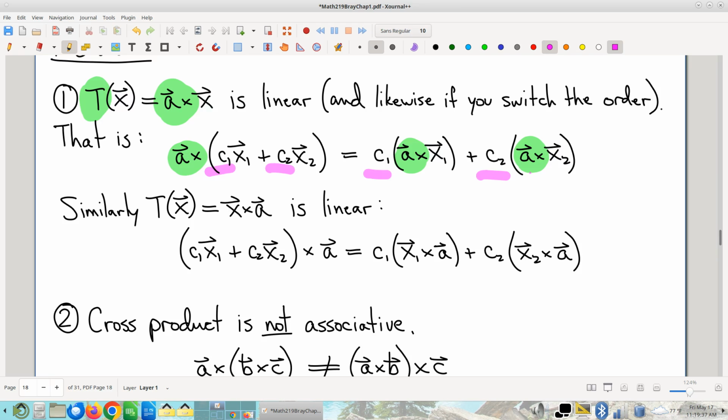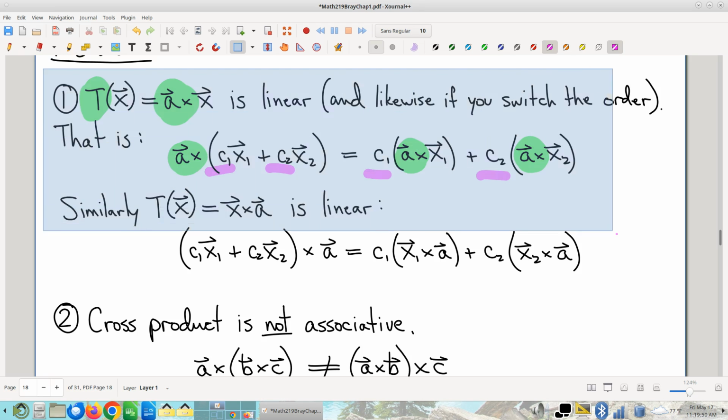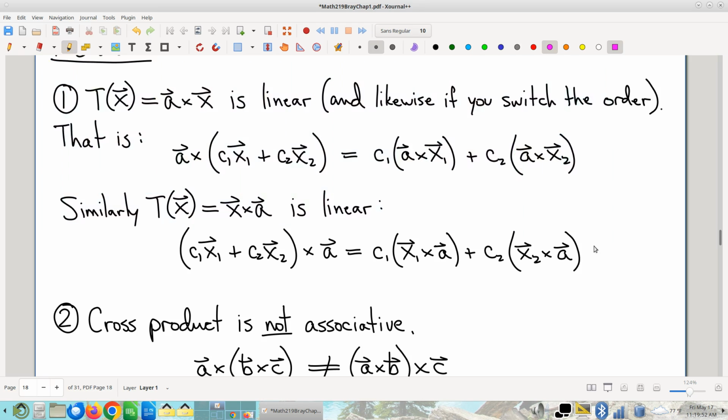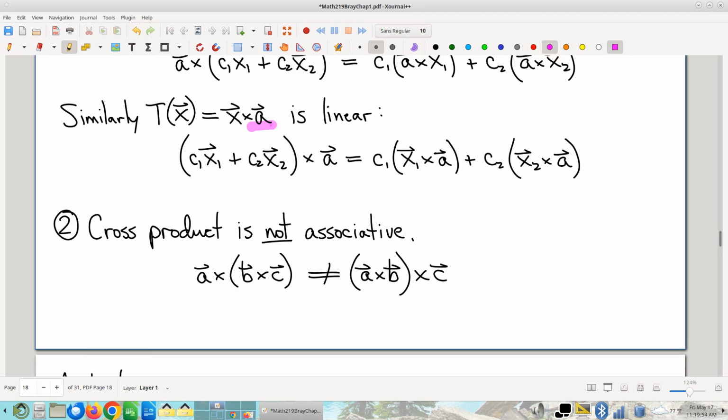This statement right here is exactly what it would mean to be linear, and not hard to confirm from what we already know about cross products. By the way, it's linear on both sides. You can put the fixed vector on the right instead of the left. Still works.